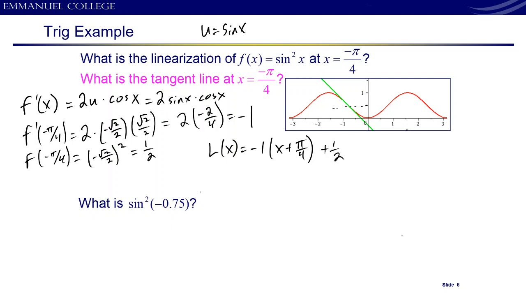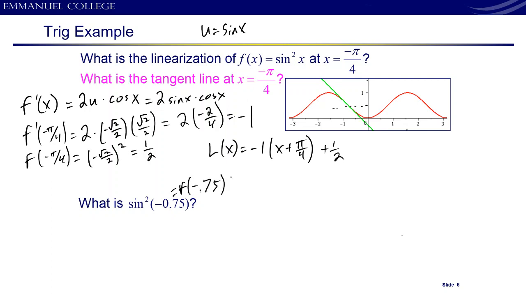There are no exact values in this case, so if you even calculate sine of negative 0.75, that's going to have rounding error. And then if you do sine of negative 0.75 times sine of negative 0.75, which is what's going to happen here, that's going to compound even more error. So this is our f of x.